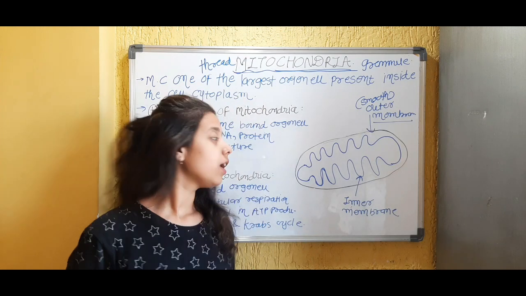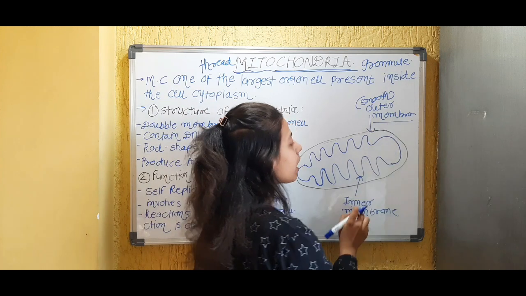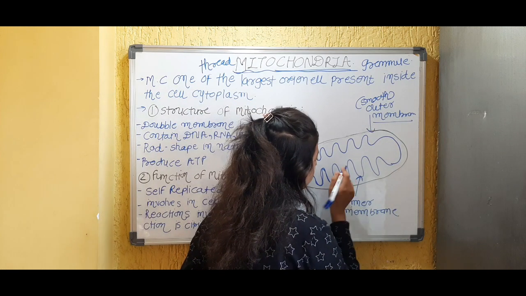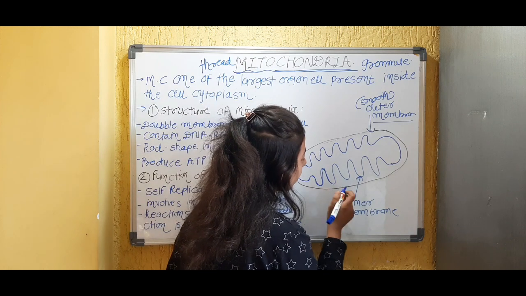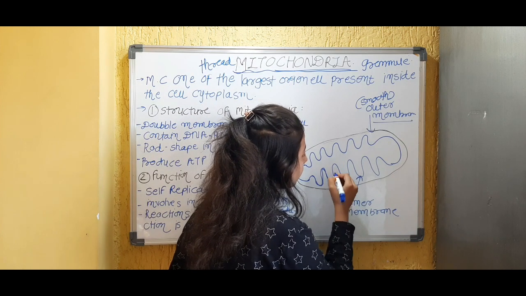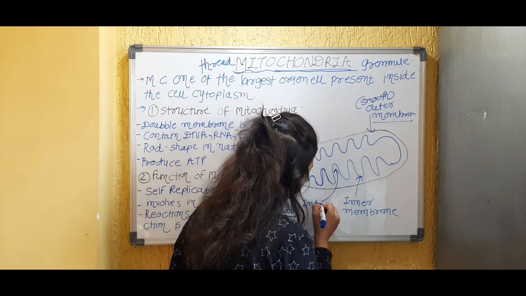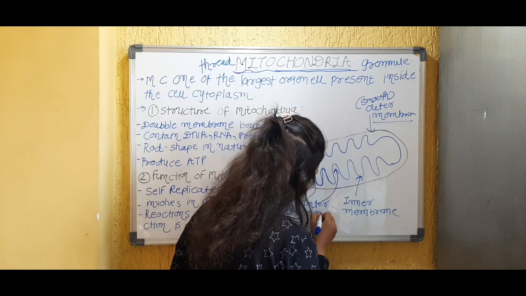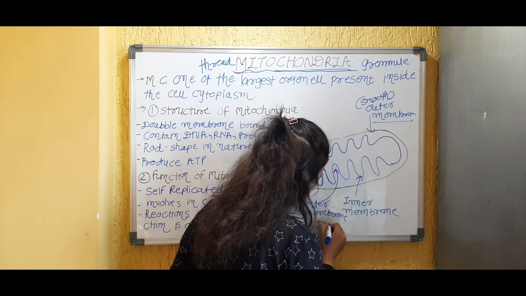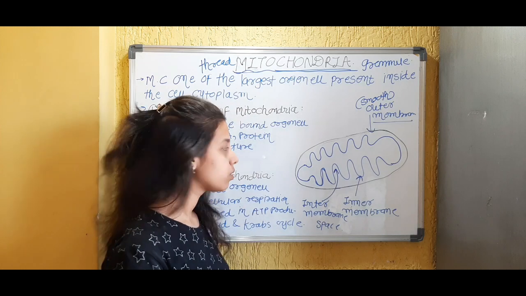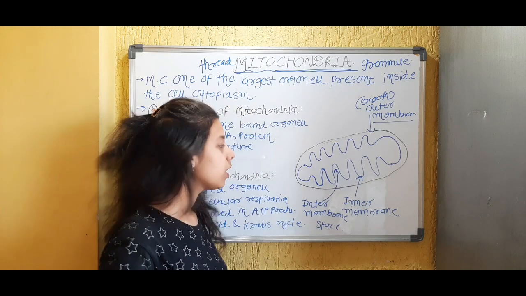The space between the outer membrane and the inner membrane is known as the intermembrane space.